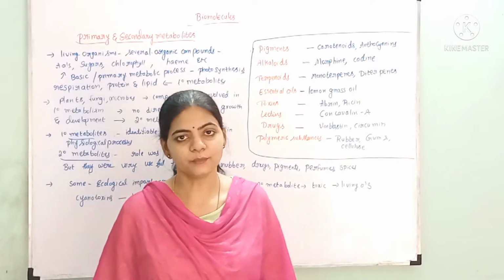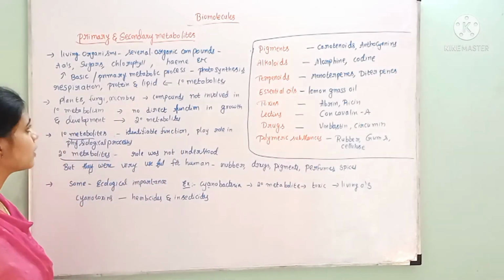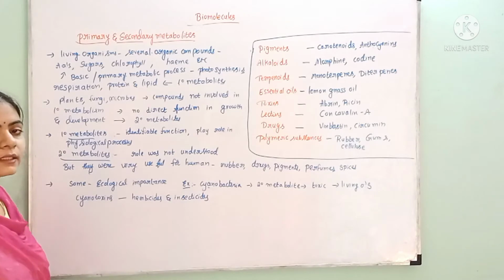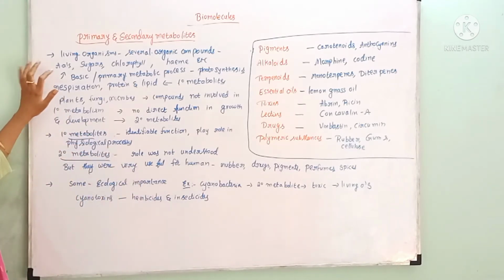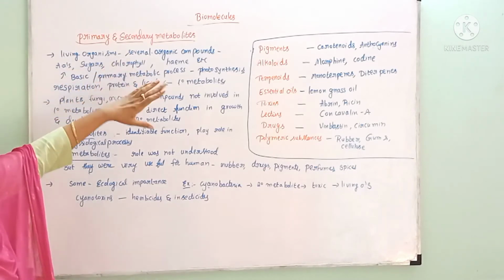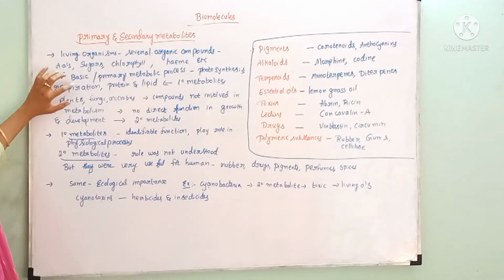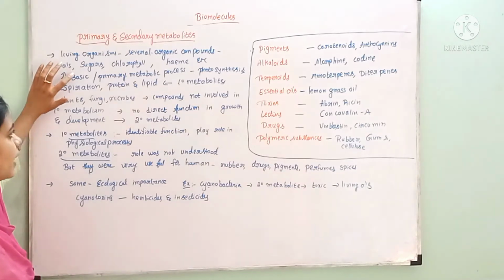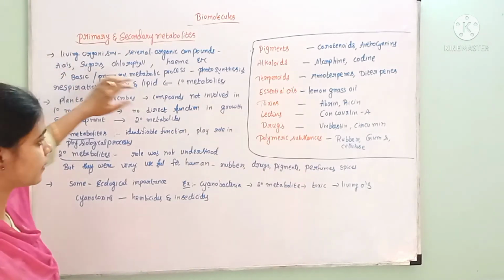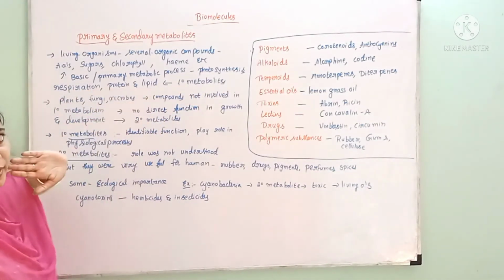In this video, we will study primary and secondary metabolites released by living organisms. So, what are primary metabolites? In living organisms, there are several organic compounds like amino acids, sugars, chlorophyll, heme, etc. These substances are involved in primary metabolism, or basic metabolic processes like photosynthesis, respiration, protein and lipid metabolism.